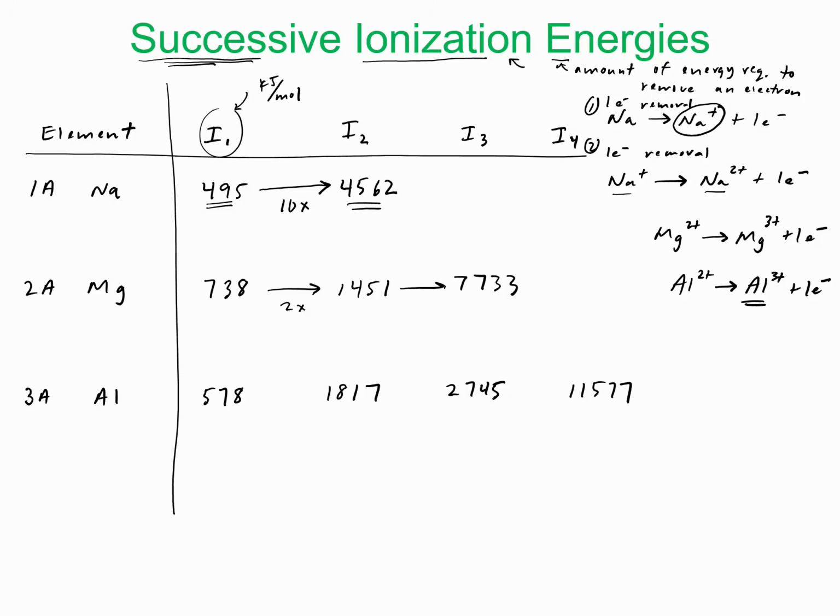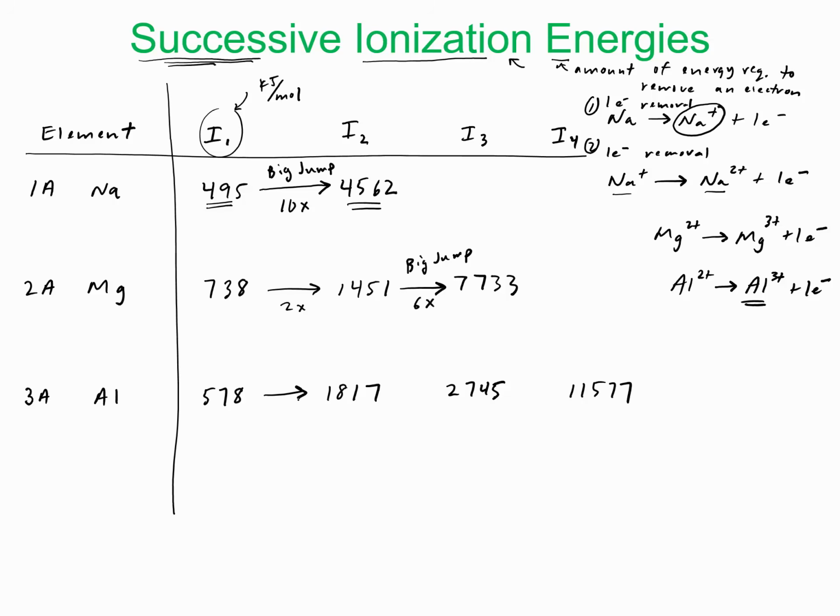However, if you look at the third electron for magnesium, it's about 6 times as much. So there's a big jump right here in ionization energy.